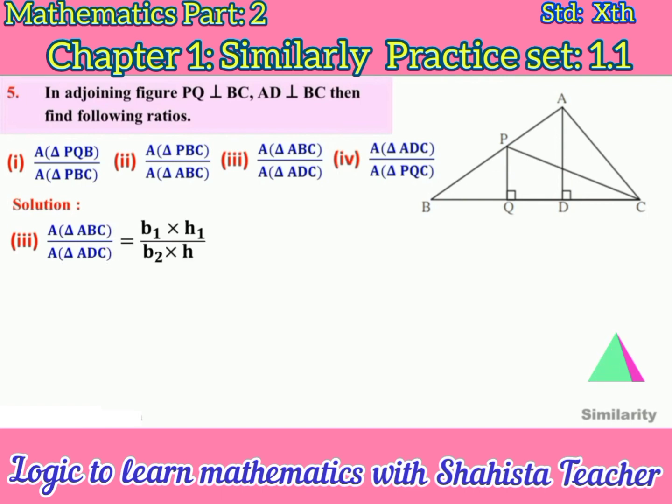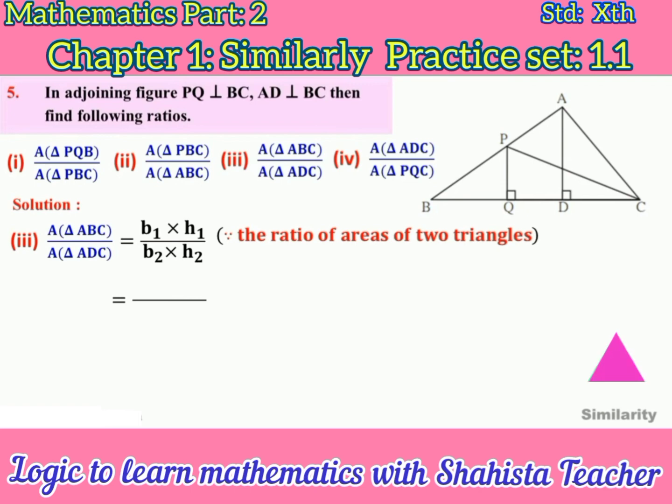Same thing we have to repeat again and again, four times we will repeat the same formula. Hence the ratio of areas of two triangles.